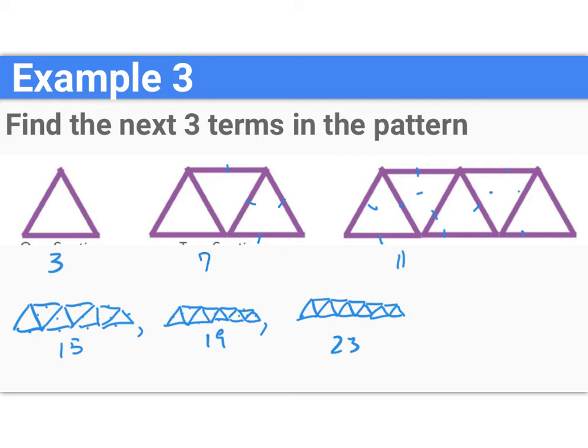And those are the next three terms in the pattern. Or I could have just written the numbers down, but I think it was better to draw it out. Okay, so those were our three examples. Try the practice problems, and I will see you at the end of the video for a review.